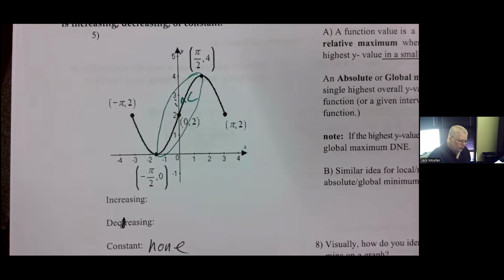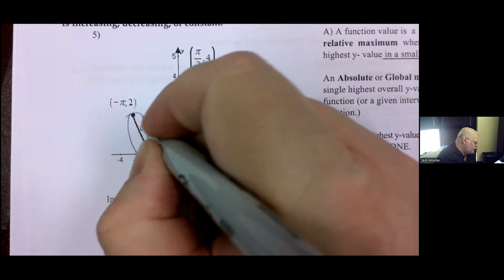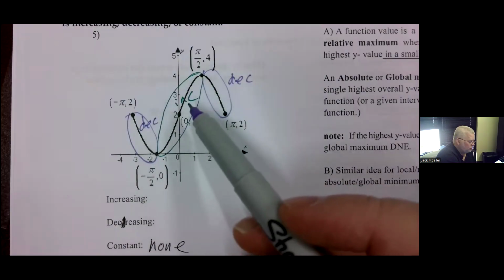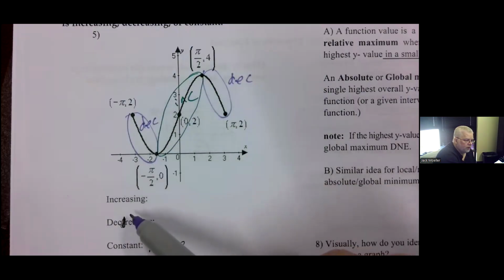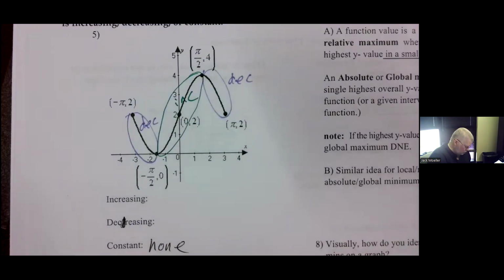Where is it decreasing? Where does it look like a negative slope? Well, on the left side and the right side, where it's decreasing. Now, especially if you're a visual person, take the time to, like I'm doing, circle the different segments. That way, when you answer, you can go back. I just think it helps.